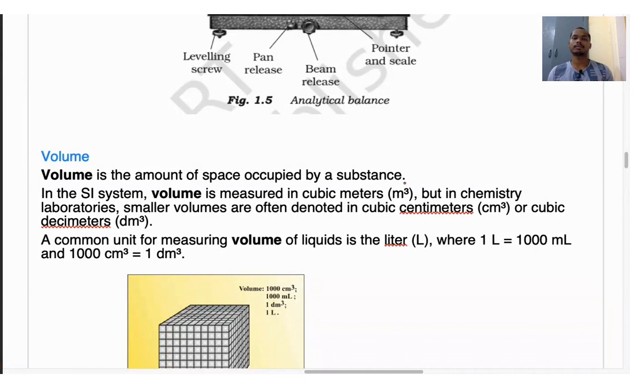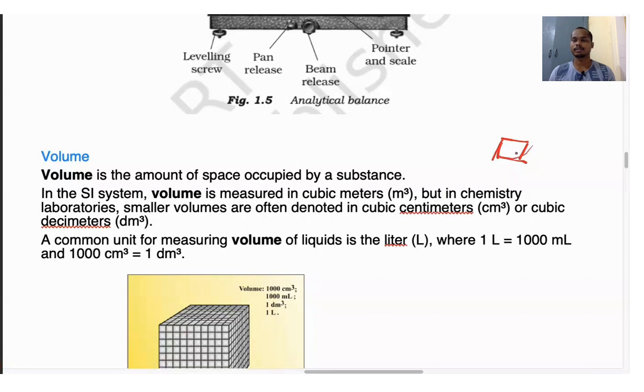If they occupy some space, generally they occupy it in three dimensions. So in the SI system, volume is measured in cubic meter, because it has three dimensions, 3D space occupied.